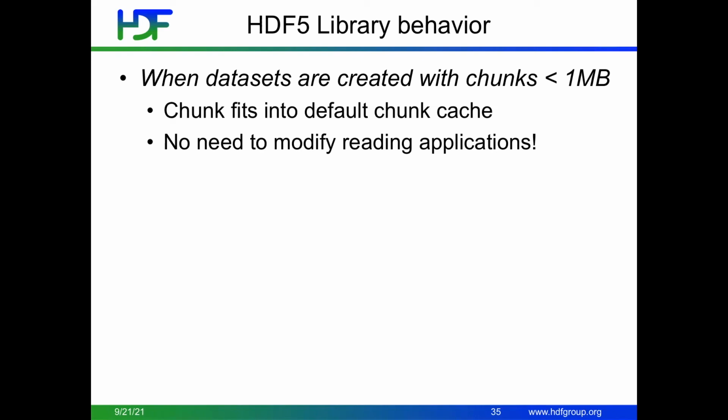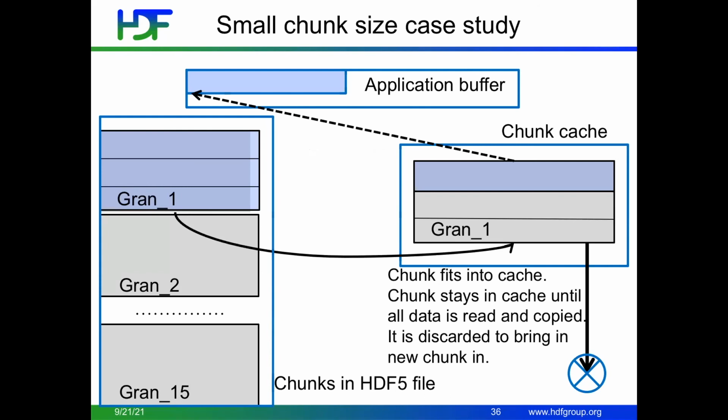So then the recommendation is really to try to use smaller chunks, chunks that are at least several kilobytes, so several of them can fit into the 1 megabyte default chunk cache. Then the users of your data will not need to modify their applications.